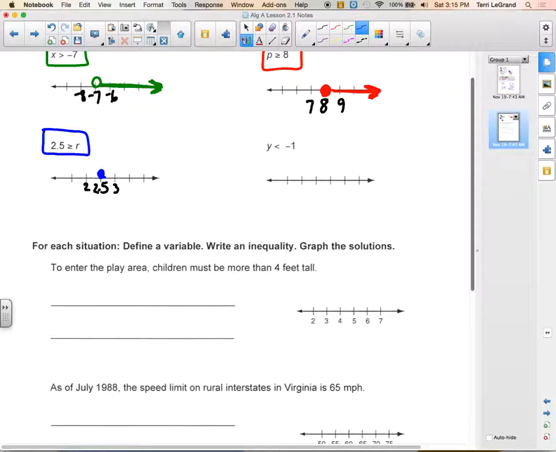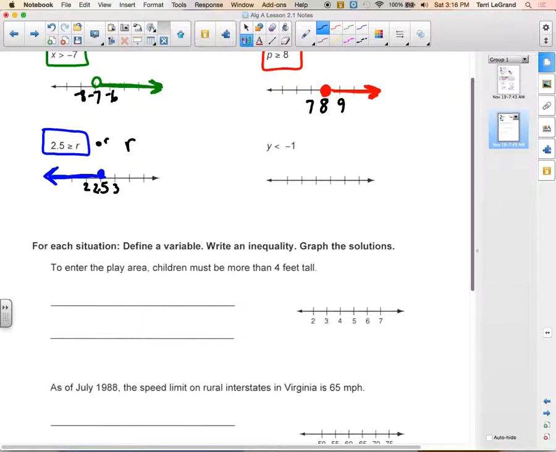And this is how our inequality reads right now. It says 2.5 is greater than all of the numbers r can be. So that would be these guys. Okay, let's write it the other way, just to see if we have a good graph here.